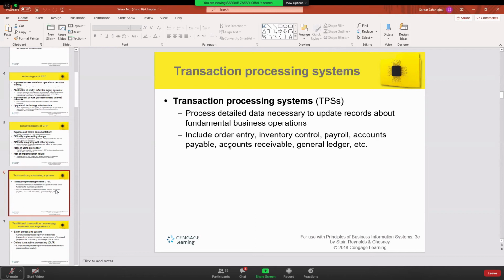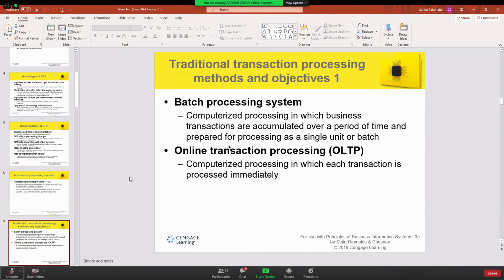So you can take the example of banking, online banking, the ATM, where you are doing all the functionalities. These are all transaction processing systems. This is one system, right?